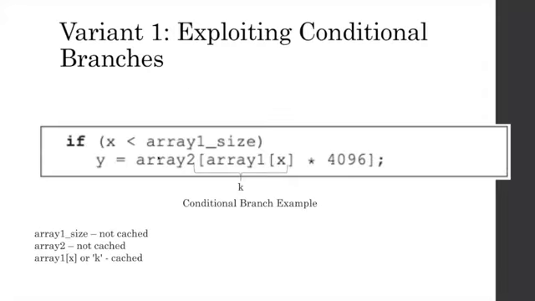So variant 1, exploiting conditional branches. In this variant of the attack, consider the conditional branch example, where the code is part of a function, like a system call, receiving variable x from an external source. For this example, we assume that array1_size and array2 are not cached, and that array1[x] or k is cached.